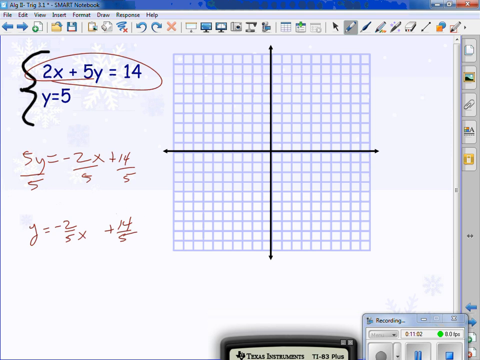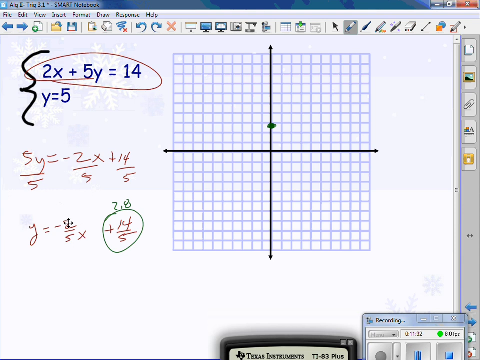Now, graphing 14/5. What does 14/5 mean? 2.8. This means 2.8. So I go up 1, 2.8. It's almost 3. That last number does not tell me slope. It just tells me how far up.